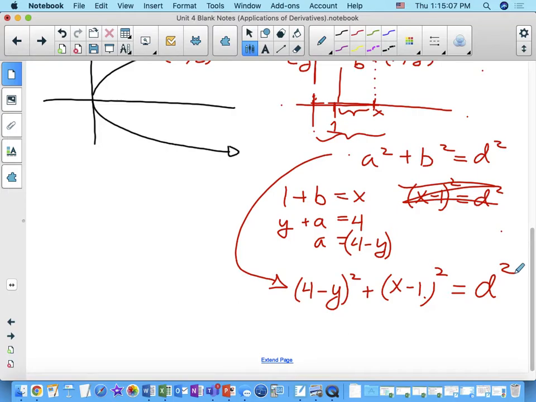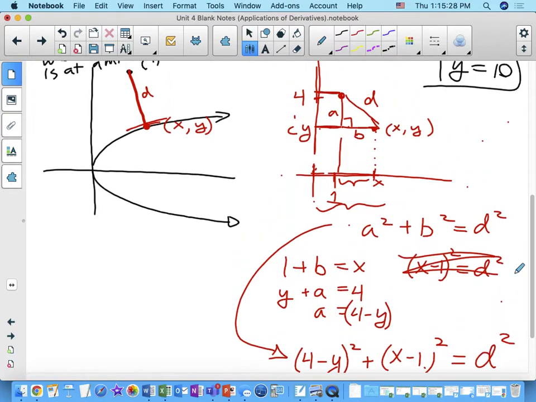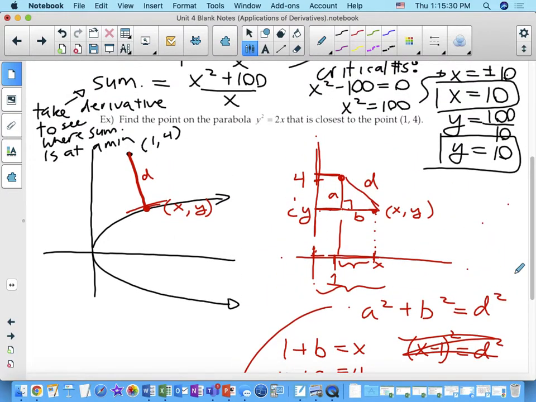The only problem is that I have too many variables. I've got 3 variables here, and I only want 2. Because if I have 2 variables, I can take a derivative, find out where that derivative is 0, and then I can find the exact point. So what I haven't used yet is the fact that this point, x, y, lies on that curve.